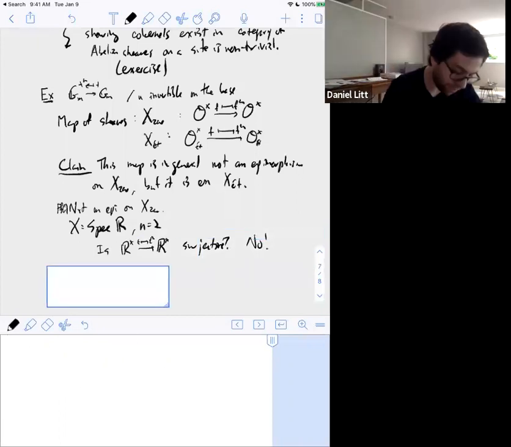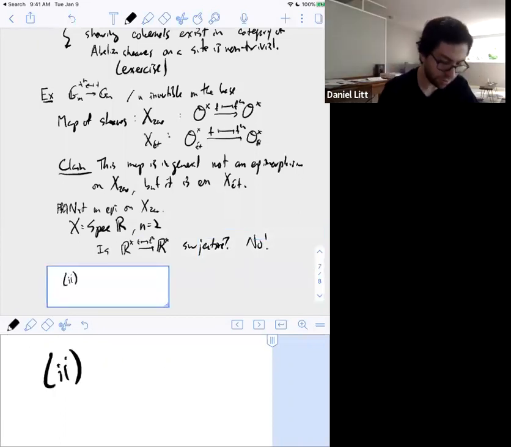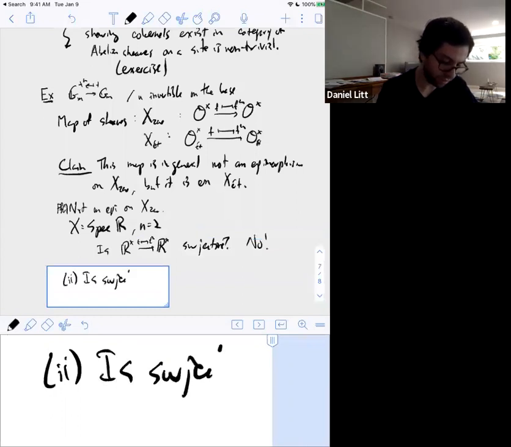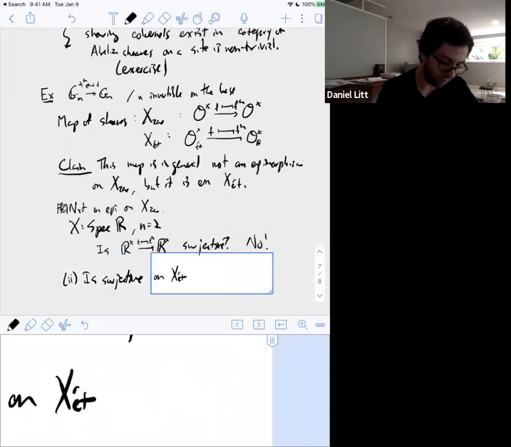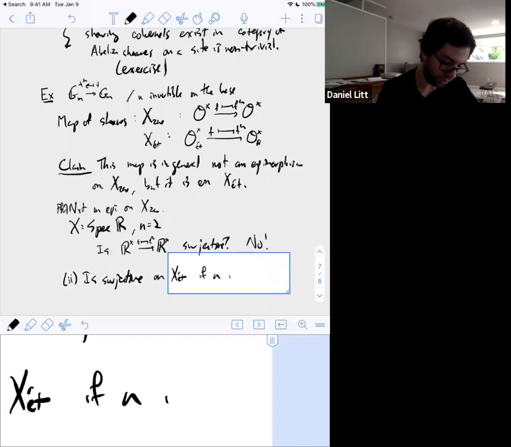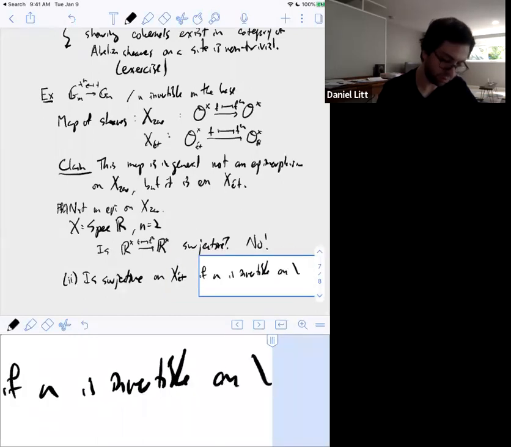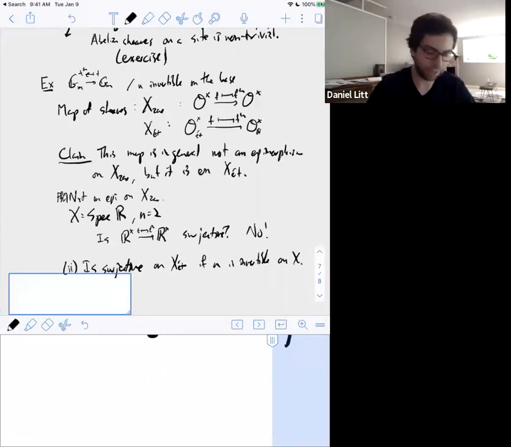Okay. So what about the étale site? It is surjective on X Étale if, again, n is invertible on X. So can anyone help me with this?